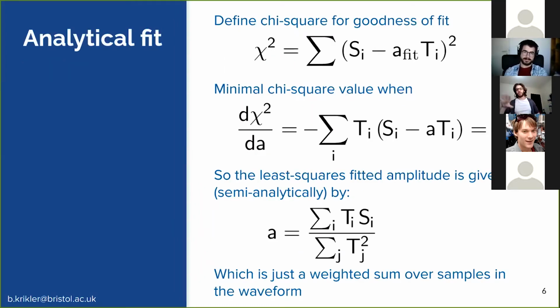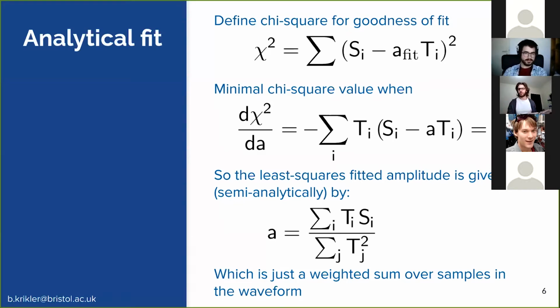I'm going to start with the idea of fitting those waveforms. If you believe that your waveform has that very simple structure, where it's some shape t scaled by some amplitude, you can write down a very simple chi-square for what that fit would be. It's going to be the waveform minus that shape scaled by this parameter a. And you can minimize that.